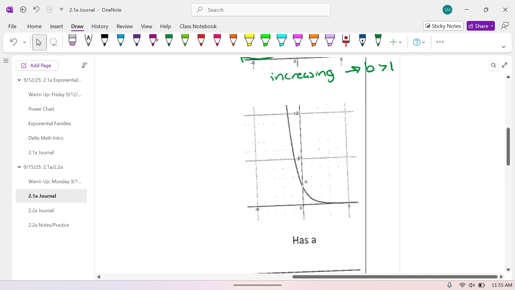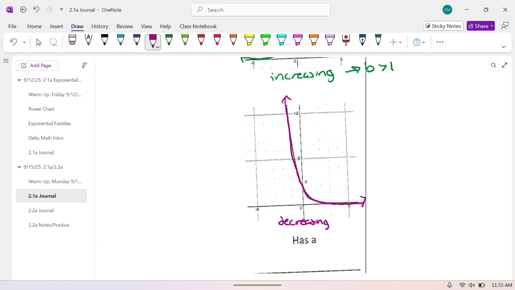Now, the other one is you start high and then you get low. That's your decreasing exponential. Now, that happens when your base or your b value is between 0 and 1. So what type of numbers are between 0 and 1? What do you guys think?